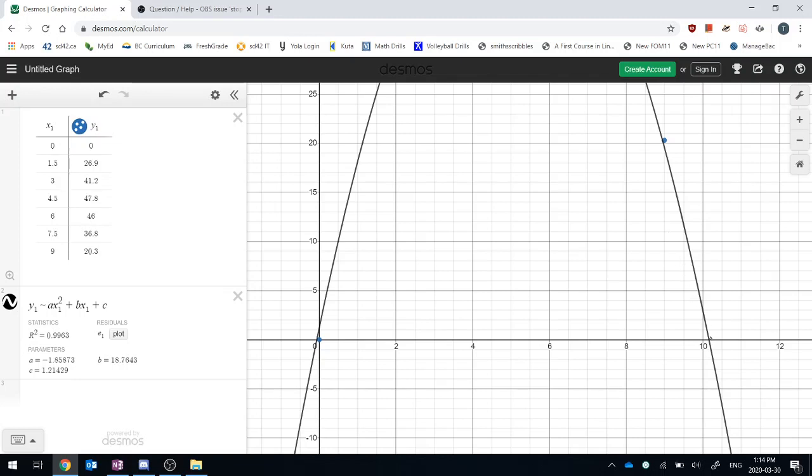And once it reaches right here, that's our x-intercept. There's no longer any more medication in the patient's blood, right? Although the graph continues down and down, because that's what quadratic functions do. They continue down forever if they open down, and they continue up forever if they open up.